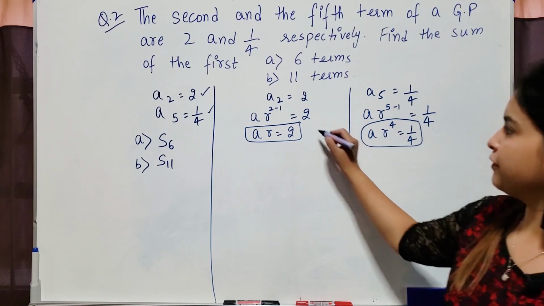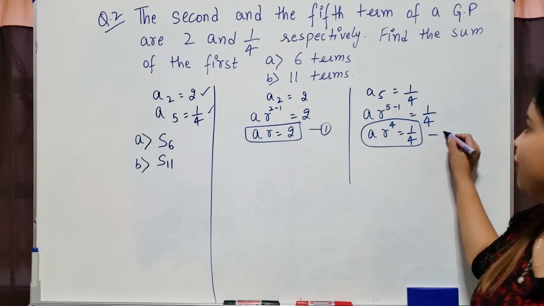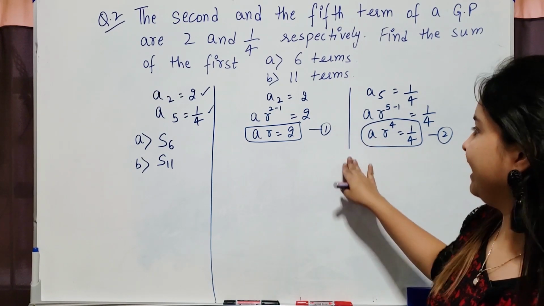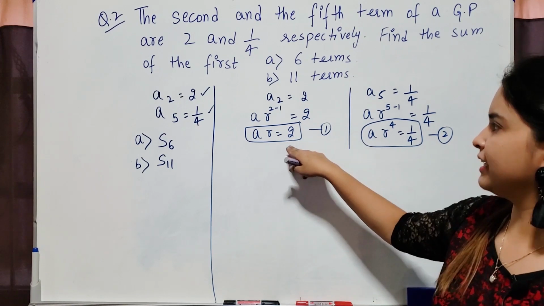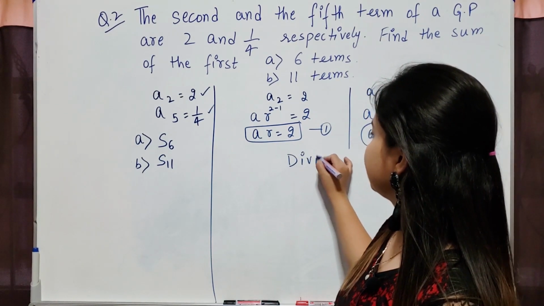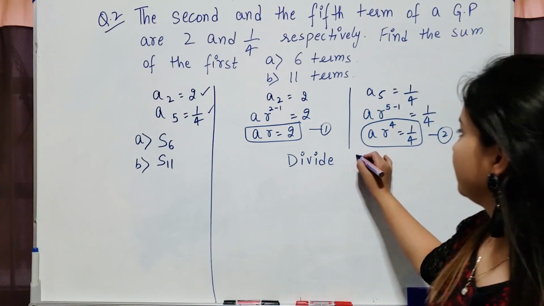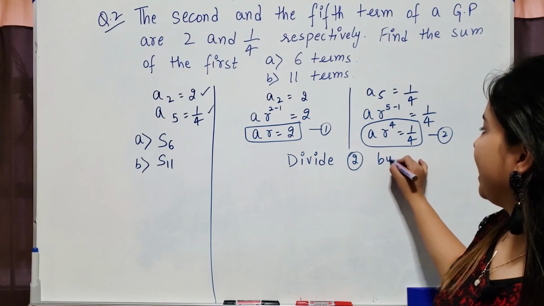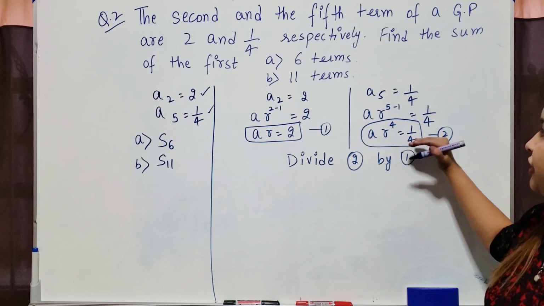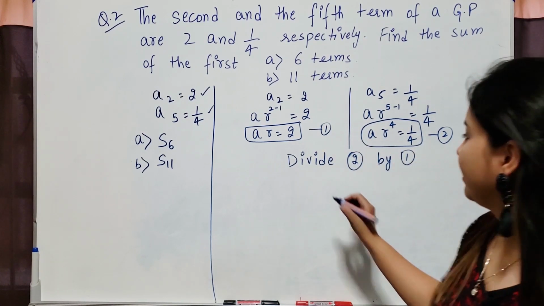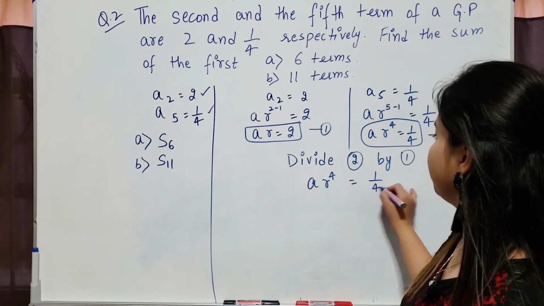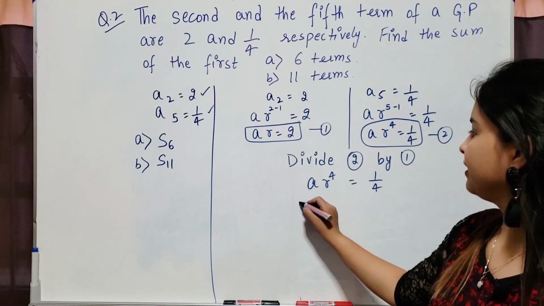Now we have equation 1 and we have equation 2. We have to find the value of A and R using equations 1 and 2. Divide equation 2 by equation 1. AR^4 is equal to 1 over 4. This is my second equation.